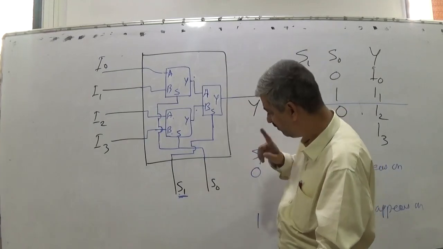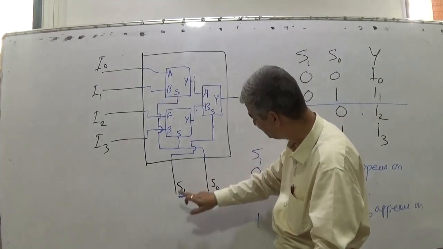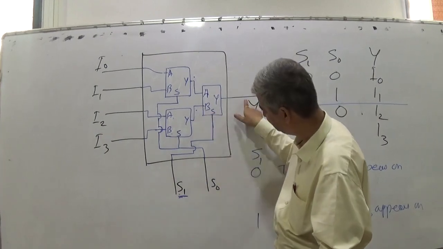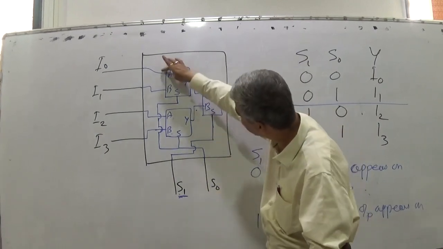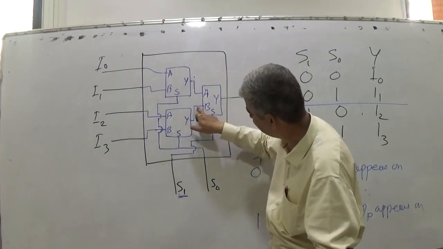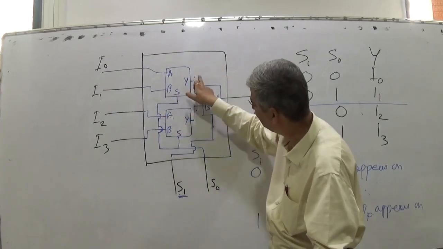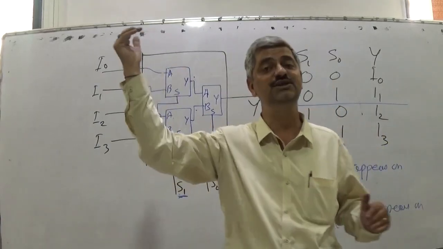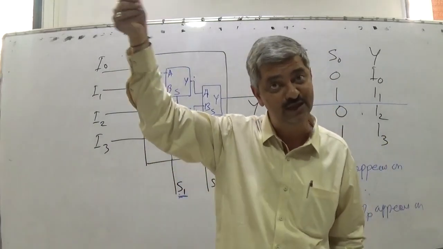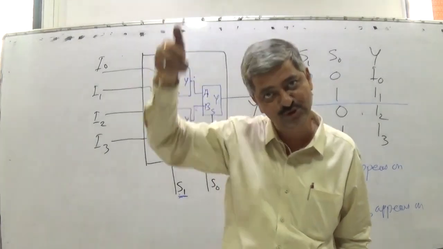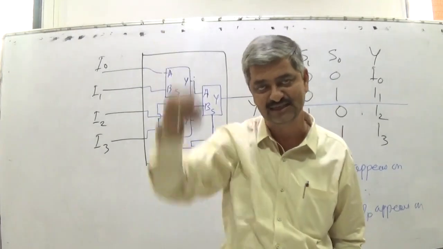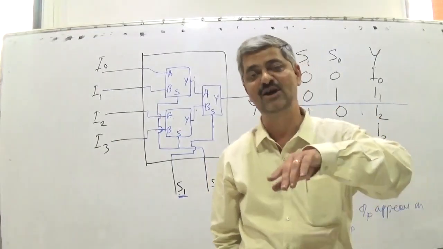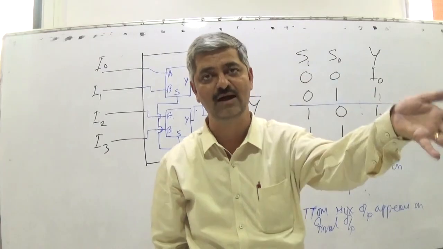When S0 is 0, this appears here and this appears here. When S0 is 1, this appears here and this appears here. So S0 decides which individual input should appear on the outputs of the first layer multiplexers, and S1 decides which multiplexer output should appear on the final output of the multiplexer.